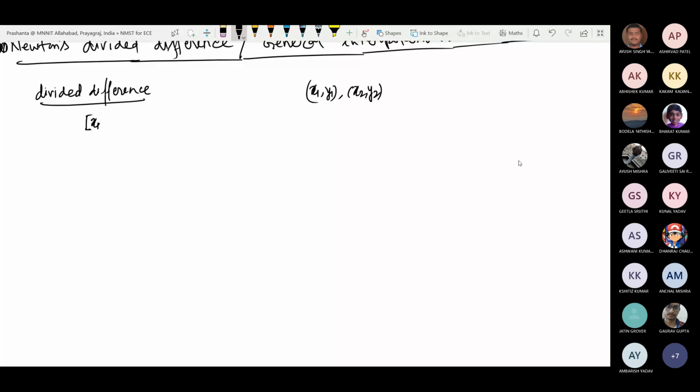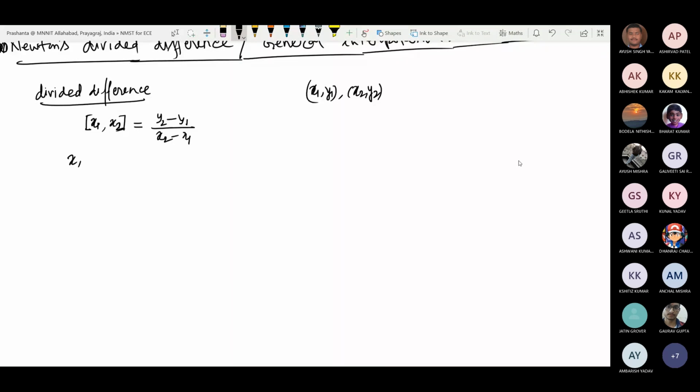Suppose the data points are x1, y1 and x2, y2. The divided difference between the two points is given by this formula. The divided difference of x1, x2 is denoted by this symbol, with the elements separated by commas. And how is it defined? Output at x2 minus output at x1, divided by x2 minus x1. So it is y2 minus y1 by x2 minus x1. This is the formal definition of divided difference.